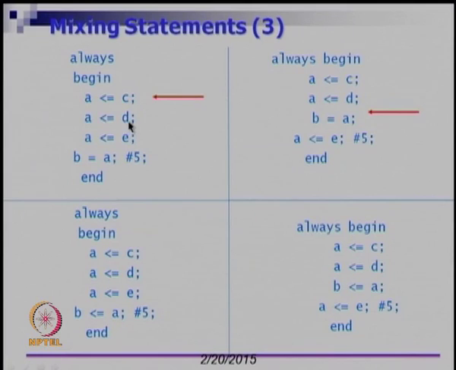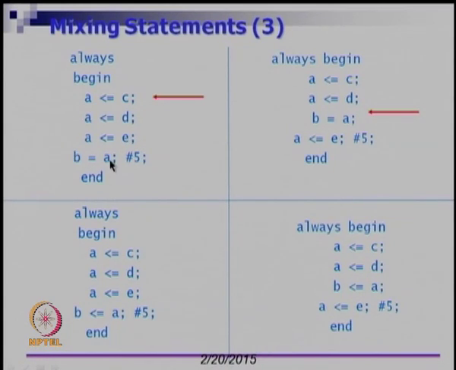Again at time step 0, we are still evaluating the right side, we are saying assign D to A in the future. Again at time step 0, we are saying evaluate E and assign to A in the future, right. So, what this means is there are 3 different assignments that we are trying to do to A in the future. The last assignment to A prevails, which means A will get the value of E.